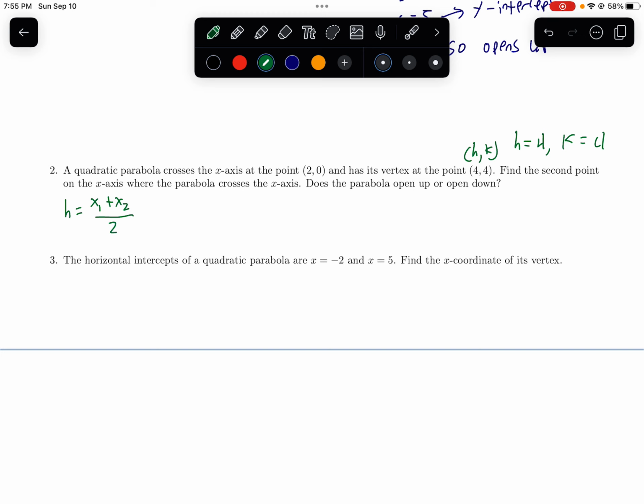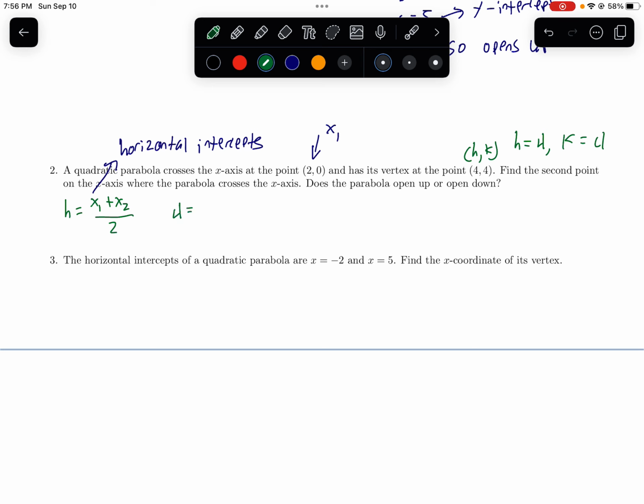So this point is a horizontal intercept, this could be, say, x1, one of them, right? And then we're finding the other one. So what we know so far is that h is 4.